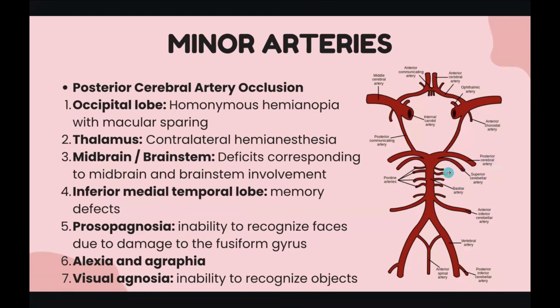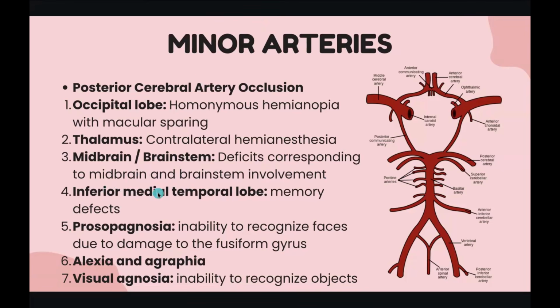Any occlusion that happens to the posterior cerebral artery would cause what? Occipital lobe: homonymous hemianopia with macular sparing. As we said, for the thalamus, it will cause contralateral hemianesthesia. For the midbrain and brainstem, it will cause deficits corresponding to midbrain and brainstem involvement.